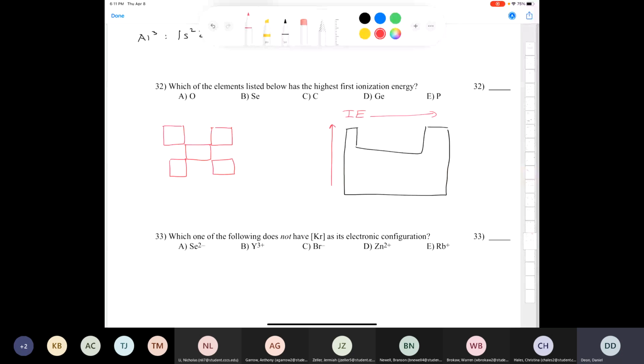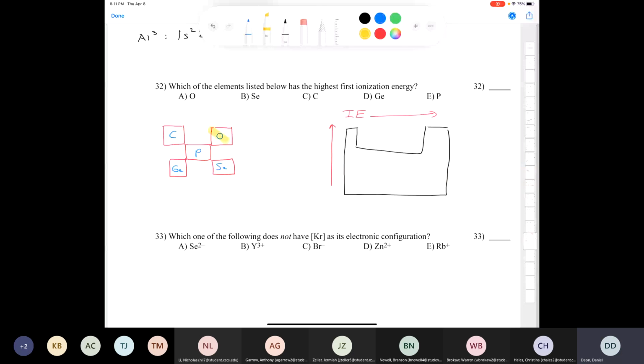So I have my oxygen up here, carbon over here, phosphorus right here, germanium over here, and down at the bottom I have selenium. Could anybody tell me which one of these would have the highest first ionization energy? And it's not a trick question. Yes, thanks, Anthony. Absolutely.